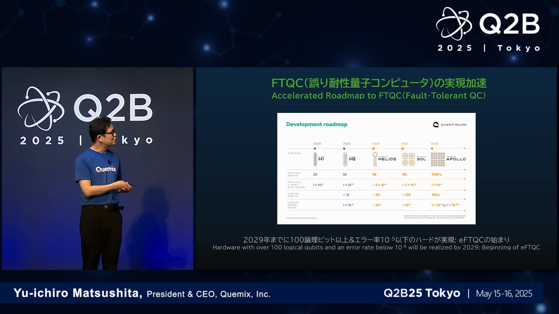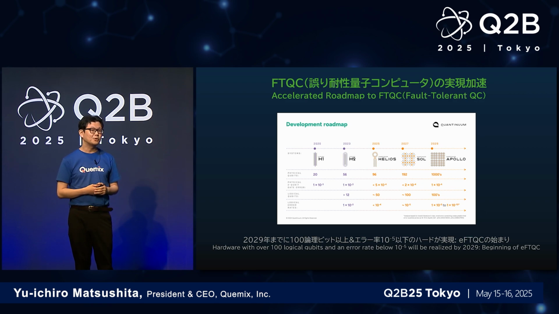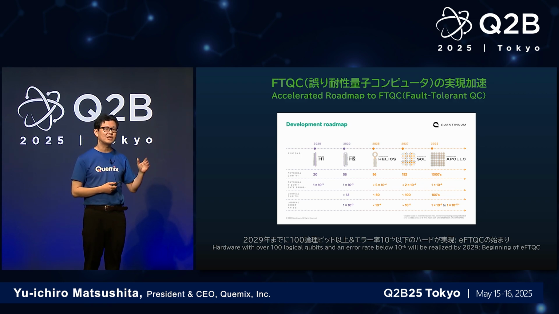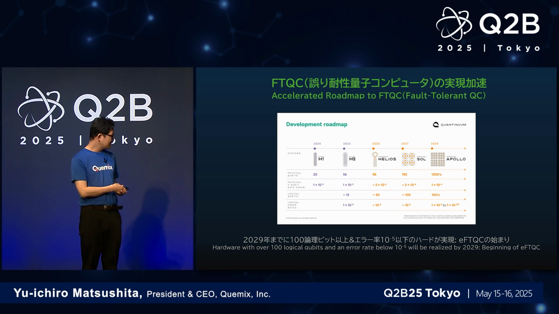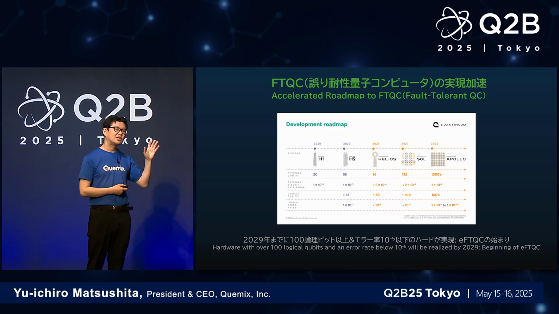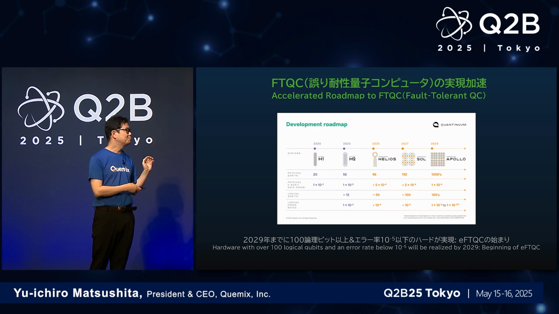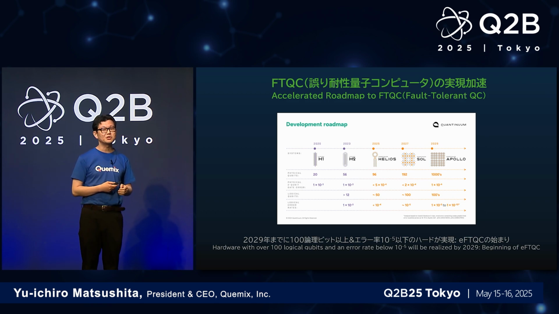By 2029, 100 logical qubits and an error rate of 10 to the minus 5 are expected. Especially these numbers, 100 logical qubits and the error rate 10 to the minus 5, are key figures, key values for us. Because for our algorithm, if we can achieve this kind of performance, some of our FTQC algorithms will run.